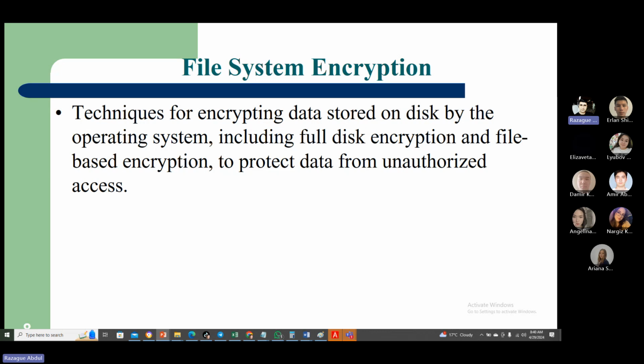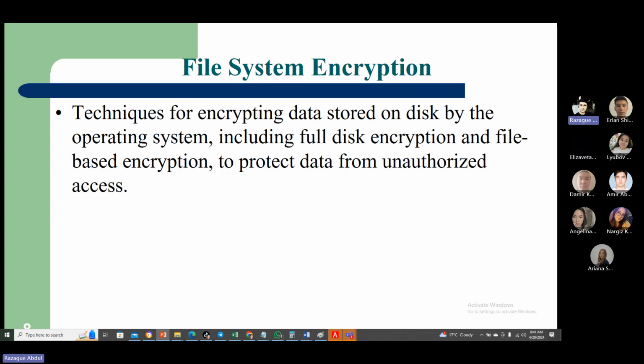So let me conclude: file system encryption provides essential security for data at rest, shielding it from unauthorized access through robust cryptographic techniques, whether through full disk encryption or file-based encryption.